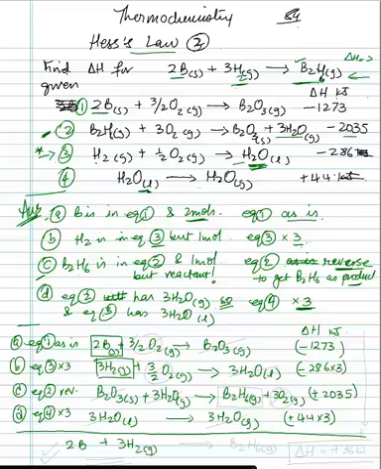And the hydrogen gas is only here and nowhere else. And then your product side was B2H6. So that is what you need. Everything else should cross out.